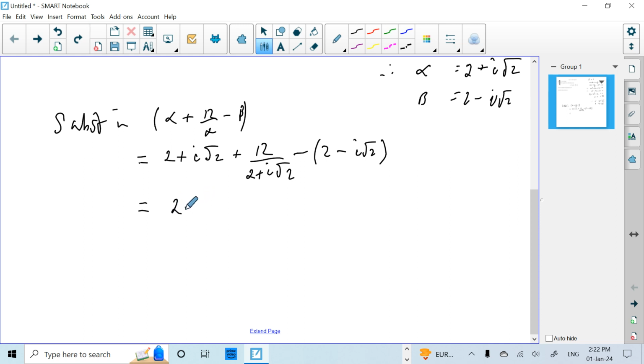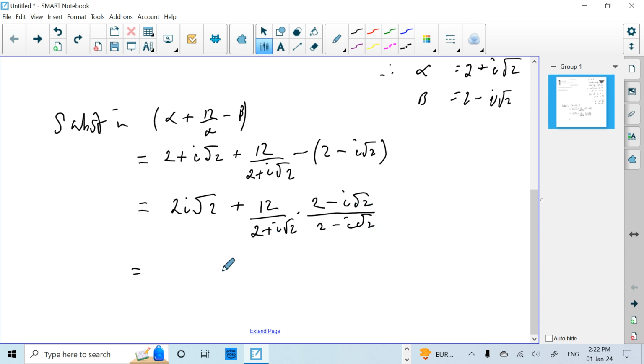So we end up with 2i root 2 plus 12 over 2 plus i root 2, and then we've got to rationalize here, multiplying by 2 minus i root 2 over 2 minus i root 2.